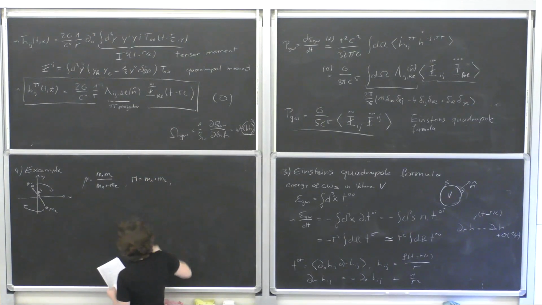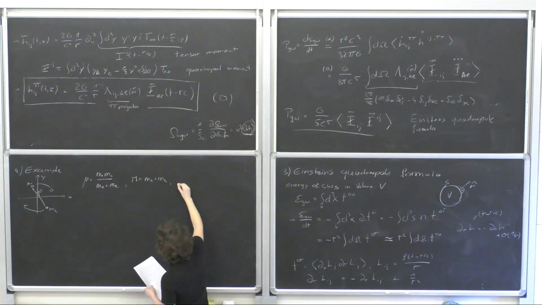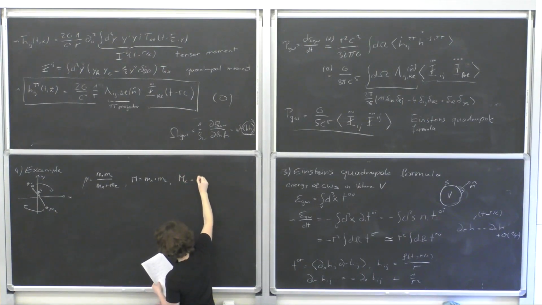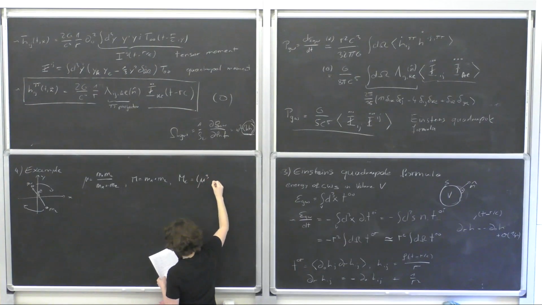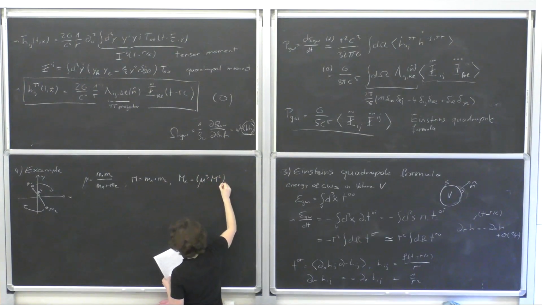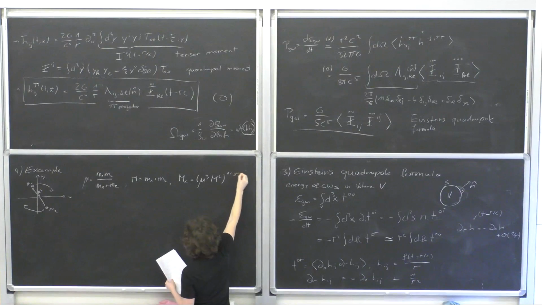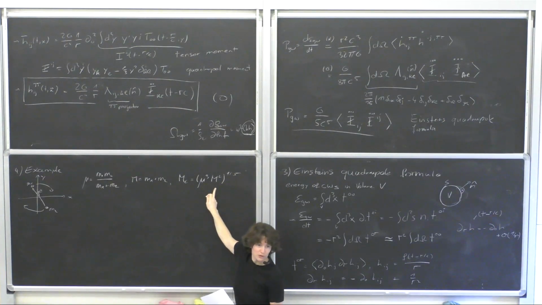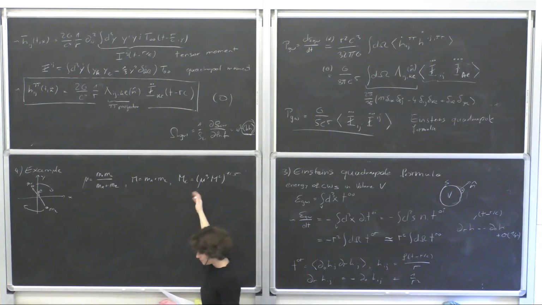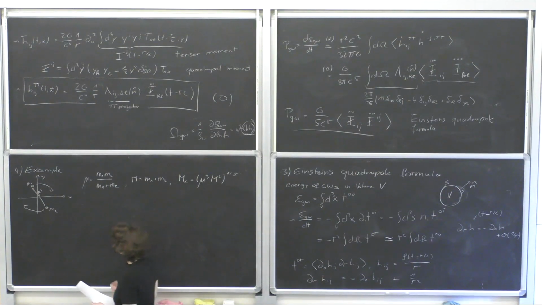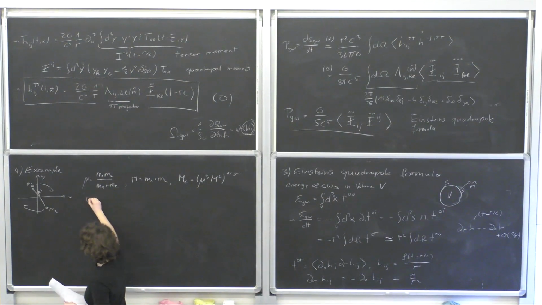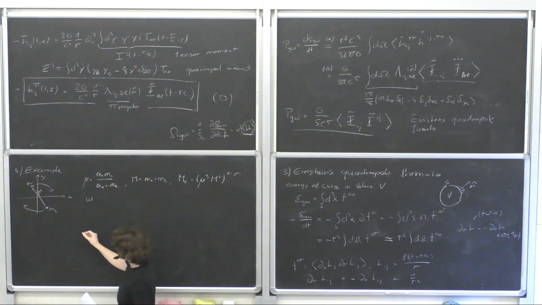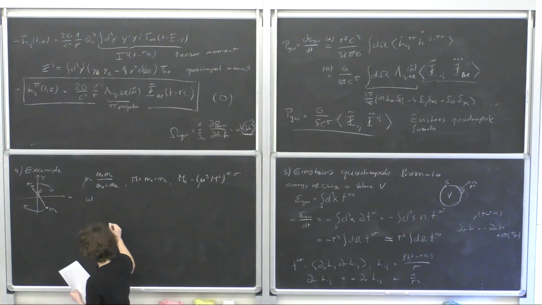And because that's the object that will appear later, we will also introduce what is called the chirp mass, which is mu to the power 3/5 times m to the power 2/5. You don't usually introduce that in theoretical physics 1, but it's the parameter combination that will appear at the end. And then from Kepler's law, the orbital angular velocity of the system is given by the square root of G m divided by r cubed.